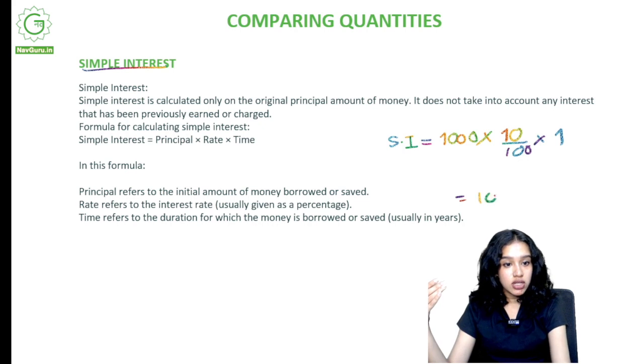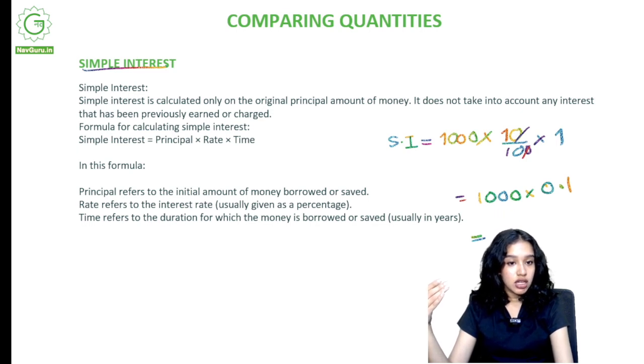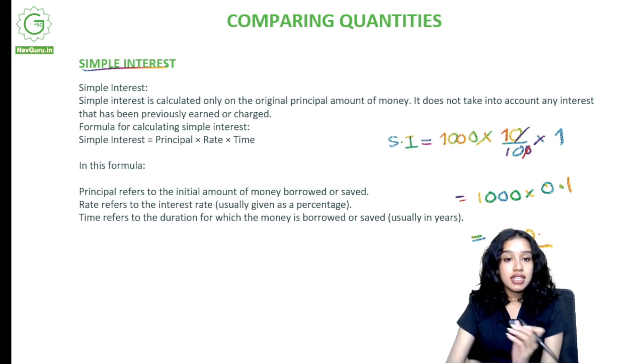So it's 1000 into 10 by 100, which is 0.1, we multiplied 0.1 into 1000. The simple interest would be 100 rupees per year. And this just remains.